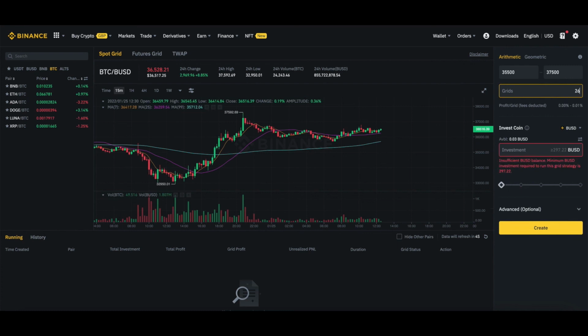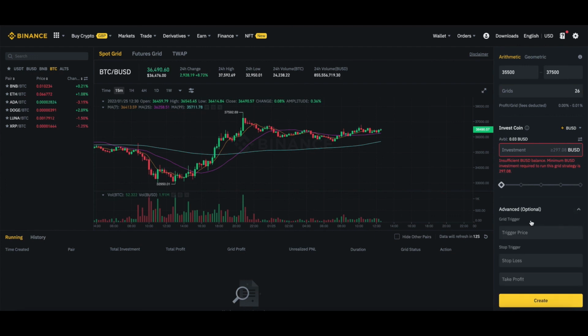So we'll do 26, and then basically what that means is it would put in a grid at like 35,500, 35,600, 35,700, 35,800, and then every time it hits one of those coming down, it will buy, and every time it hits one of those coming up, it would sell.